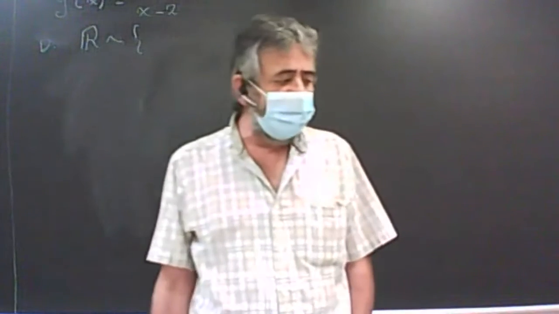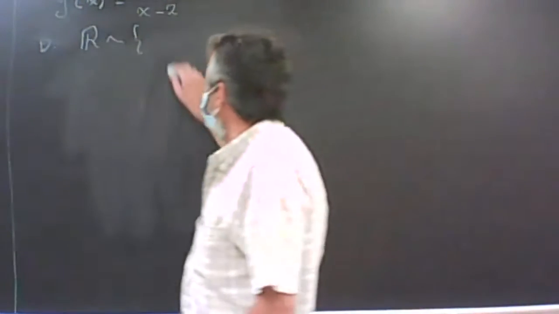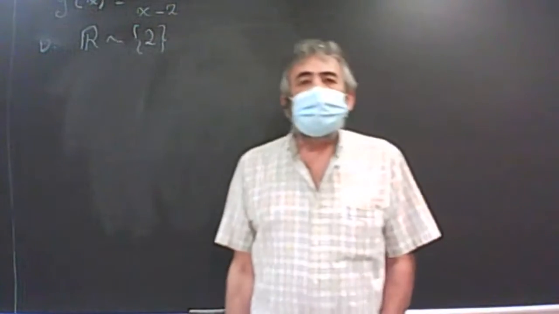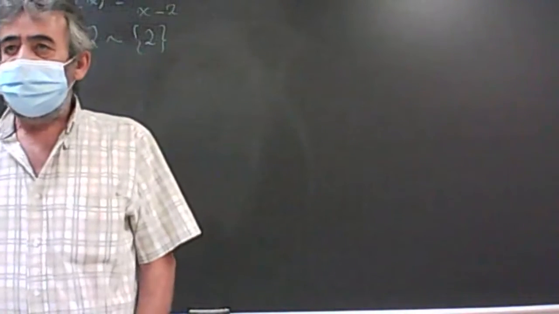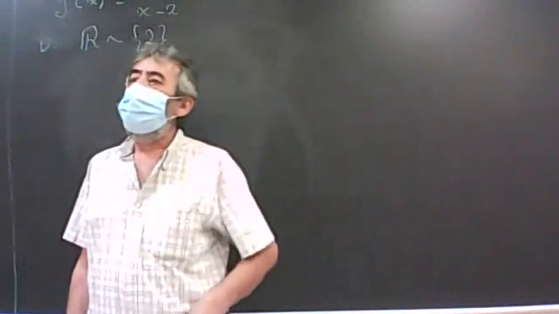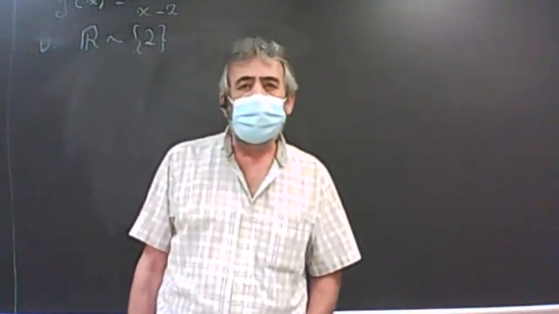What value of x makes the denominator 0 in this case? 2. So I'm just going to exclude 2. Step number 2, determine your asymptotes. Find your vertical asymptote, find your horizontal asymptote.